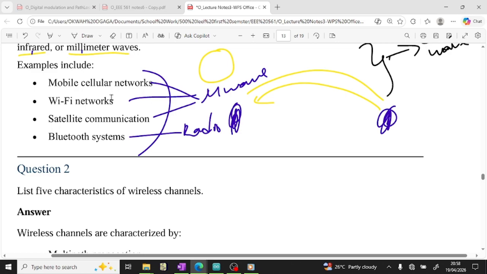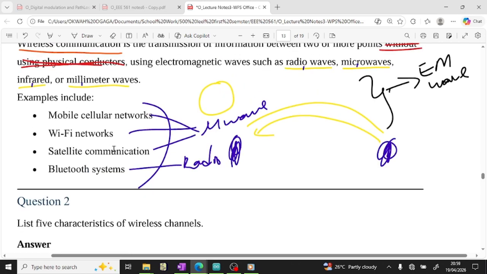When you connect to Wi-Fi for your browsing, school Wi-Fi or whichever one, it's wireless. You don't plug your phone with a wire to someone's Wi-Fi. Even satellite communication is wireless. Bluetooth is also wireless. When you connect your Bluetooth from someone's phone to your phone or system, you do not connect any wire. So those are just the examples.